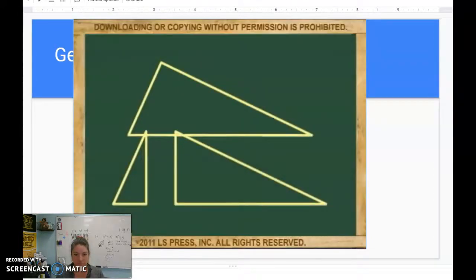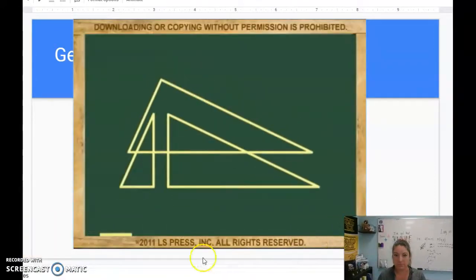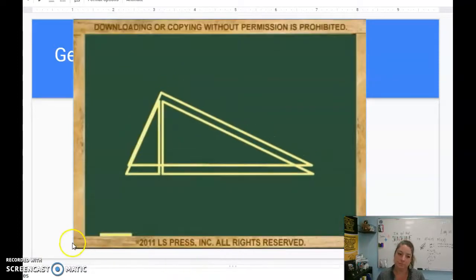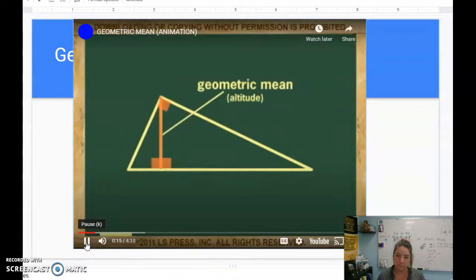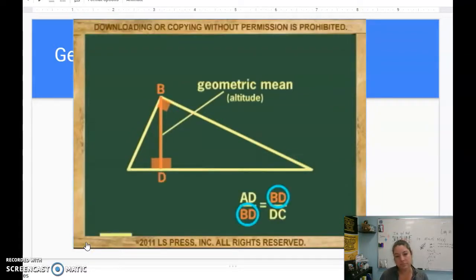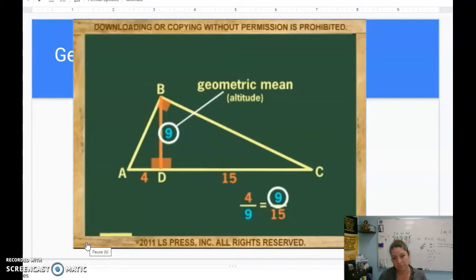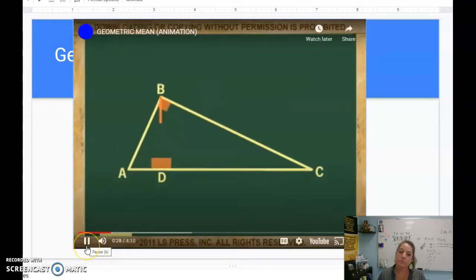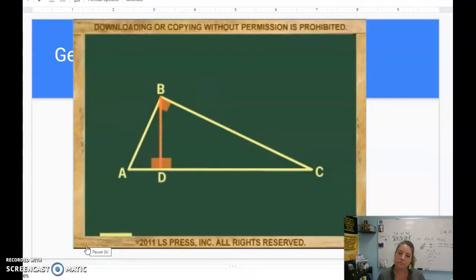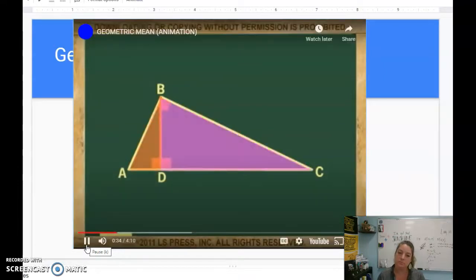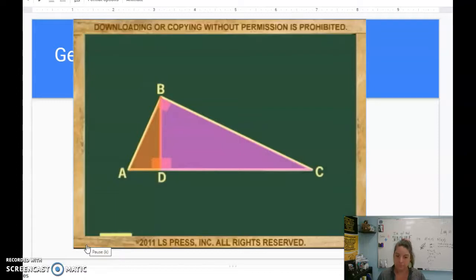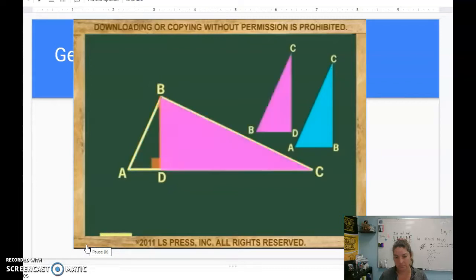We begin right triangles with something called the geometric mean. The geometric mean is the altitude of a right triangle. We call it the mean because it is the middle number that gets repeated in the denominator of the first ratio and the numerator of the second ratio of the proportion. What happened is that the altitude drawn on a right triangle to the hypotenuse divides the triangle into two smaller right triangles, and by doing so, the three triangles, the original large one, the one to the right, and the one to the left, are all similar.